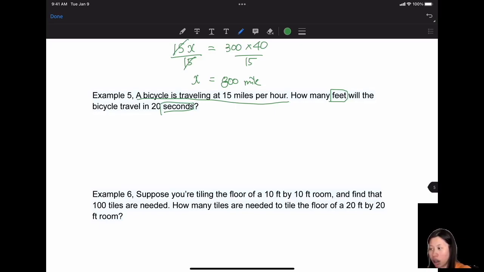So how are we going to do that? How can we convert this into feet per second? First of all, take a look. We know that the bicycle is traveling 50 miles per hour.